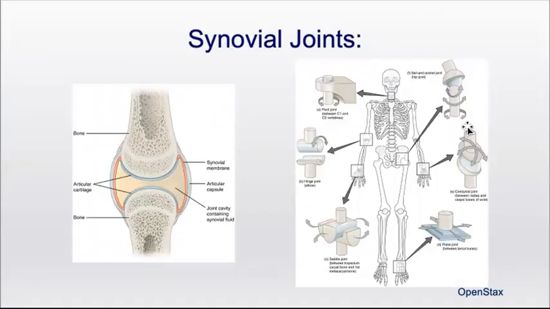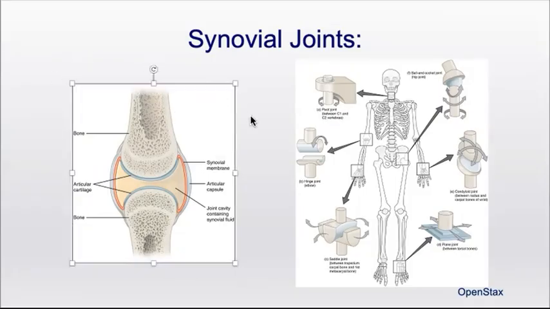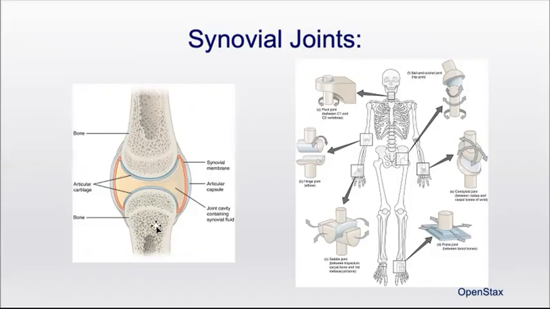So just to recap synovial joints, I kind of ran over it quickly a couple slides ago, but this is the general example of a synovial joint. So you've got two bones that are coming together. On the inside, you've got synovial fluid. Okay, this is kind of the lubrication within the joint.